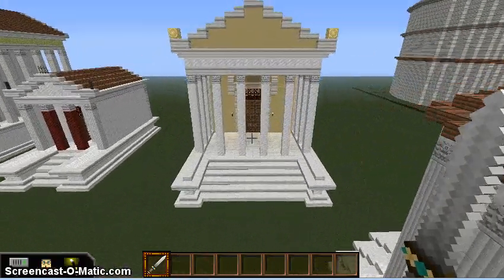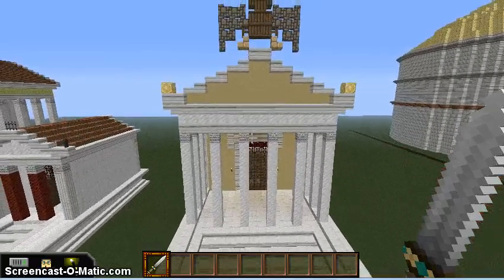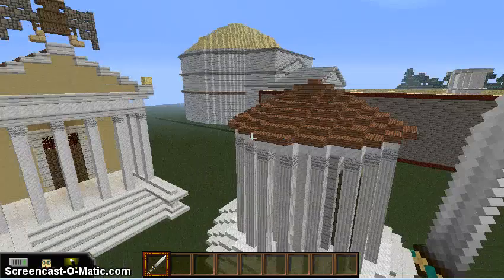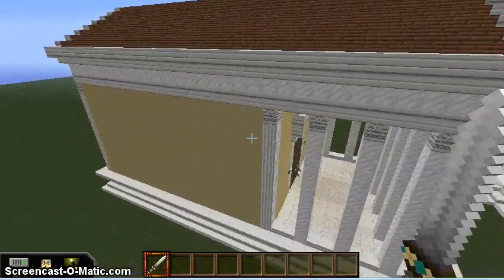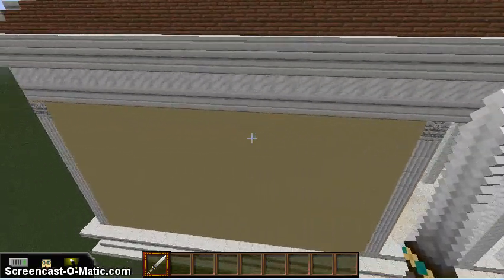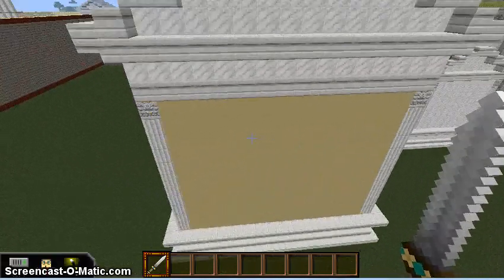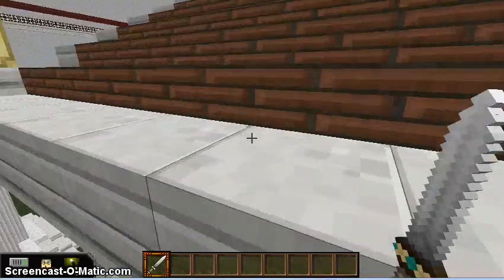Okay, moving a bit forward. Now we have yet another type of temple. It looks very similar to the Maison Carrée, only that on this temple the columns will not go around. We're going to have a flat wall on the sides and the back, very similar to the Etruscan temple, at least in terms of the back wall.